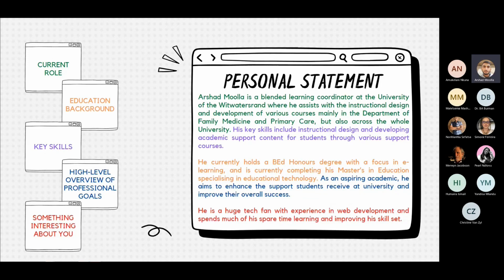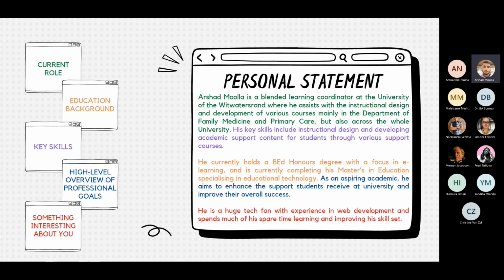So the next important criteria on our rubric is having a good personal statement. Your personal statement is usually the first thing that someone looks at when they visit your ePortfolio. It's that piece of the introduction which I showed you on my ePortfolio.